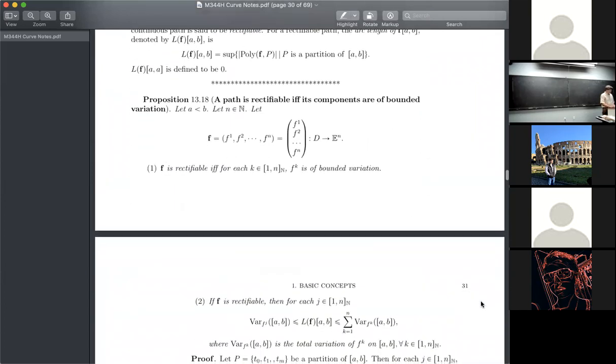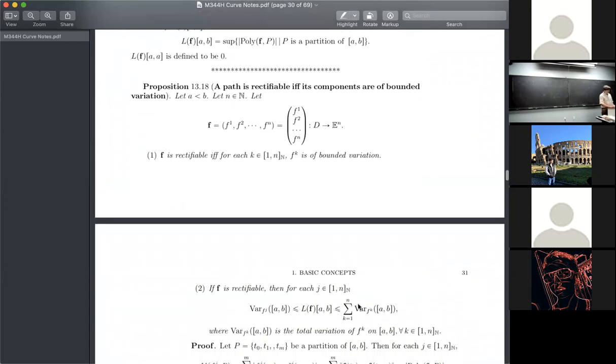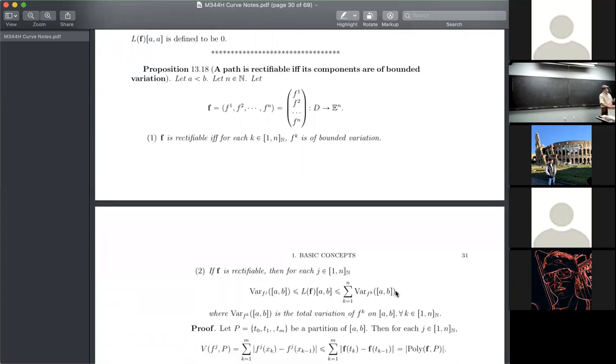And what we learn is, and it's the bottom of page 30, a path is rectifiable. Rectifiable means finite length, roughly. A path is rectifiable if and only if its component functions are of bounded variation. In other words, when I have a vector valued function like I put up at the beginning, it has components.